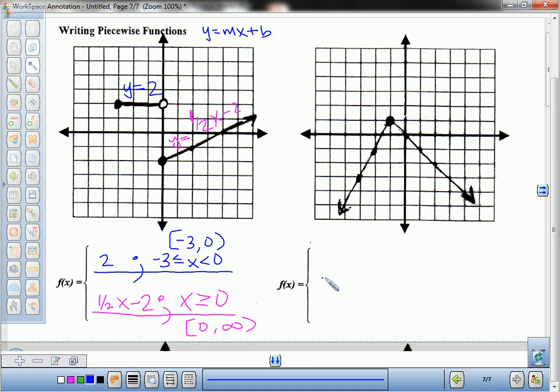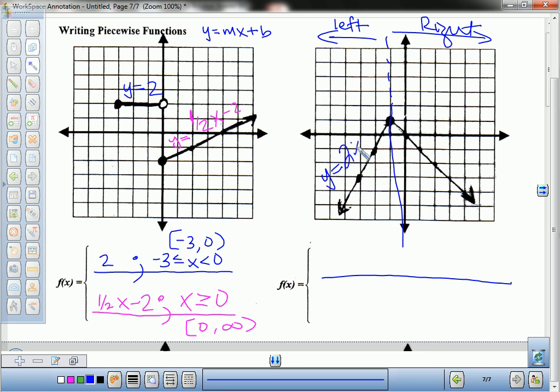So let's do the left piece. We're going to separate this into the left side and the right side. So we have a ray that exists here on the left side. It's just part of a line. So for a line, we need y equals mx plus b. Up 2 over 1, up 2 over 1.